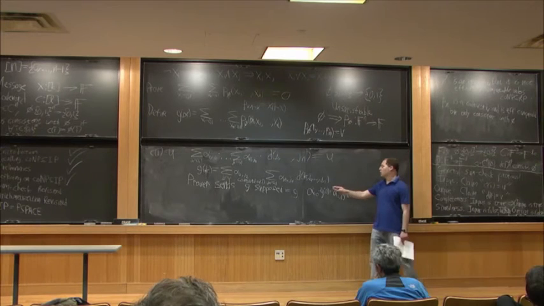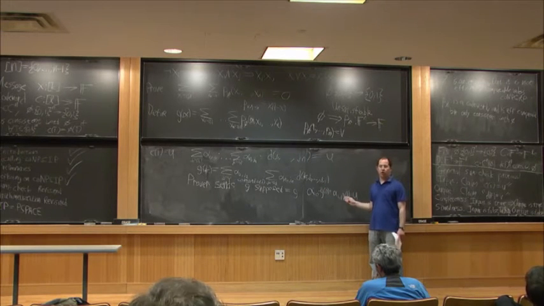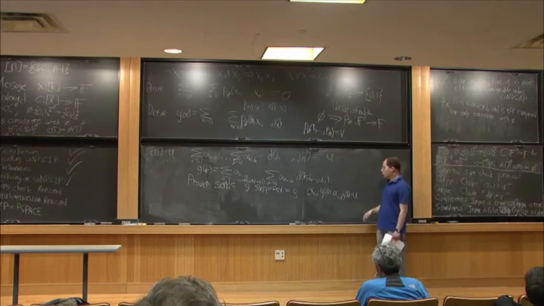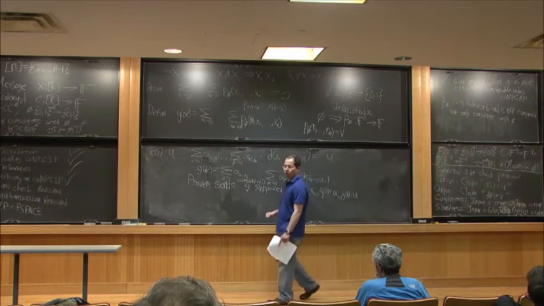If G bar is indeed equal to G, then after checking this, we are done. So it remains to check that G bar is indeed equal to G.